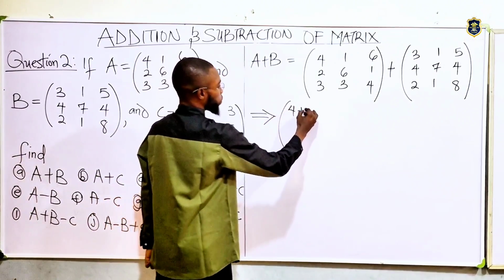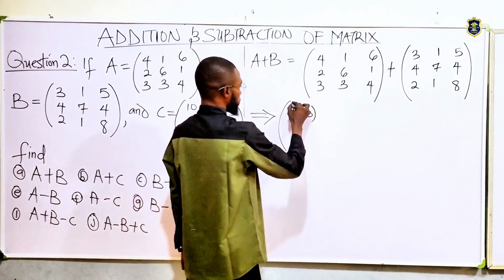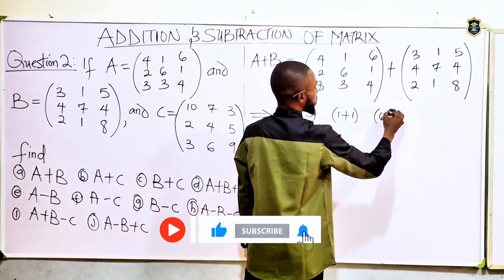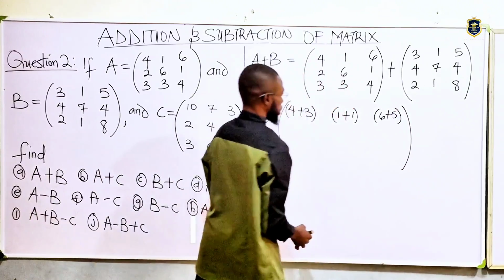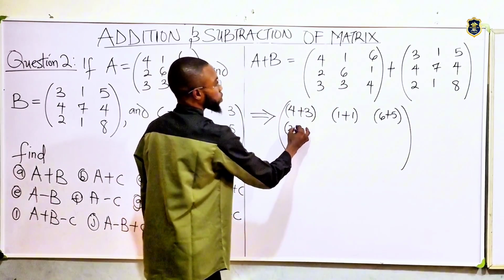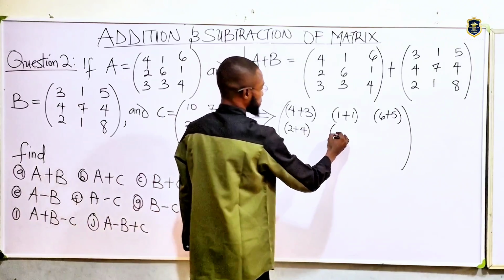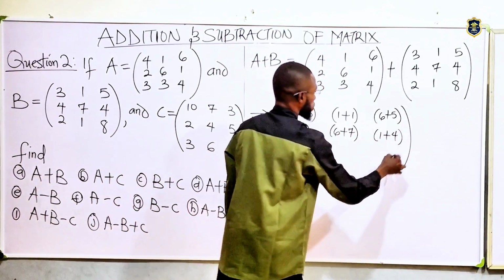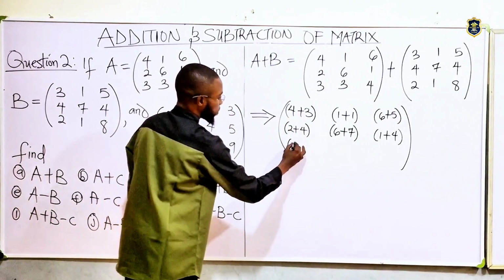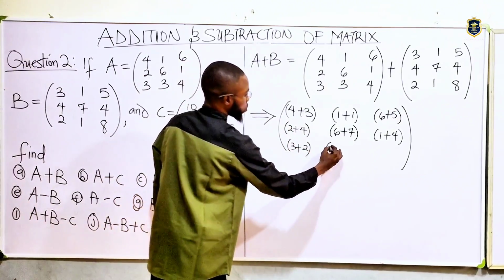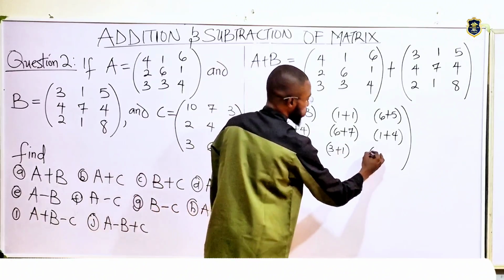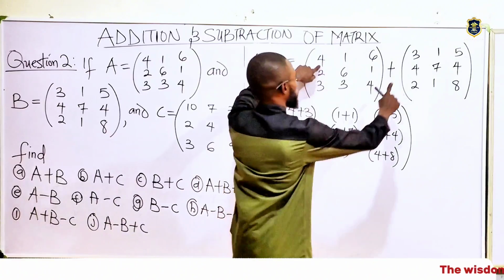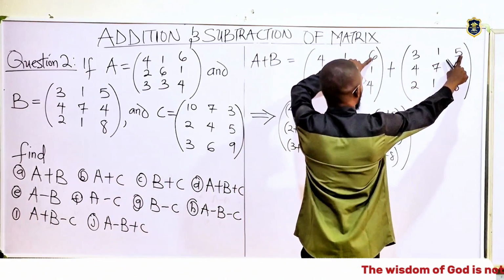Now it becomes 4 plus 3, 1 plus 1, 6 plus 5.